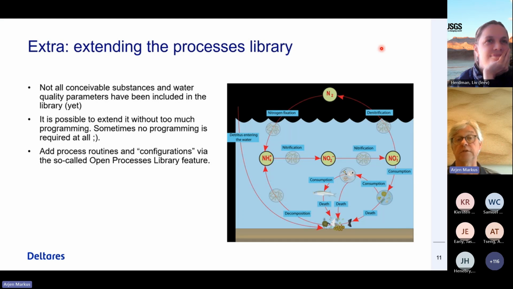It's just a matter of extending the configurations of the processes. For instance, we have a small set of generic decayable tracers, numbers 1 to 5. If you need more, you could simply copy the configuration of one of the processes there, and adapt it for decayable tracers 6 to 20.